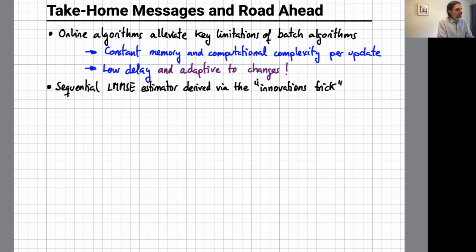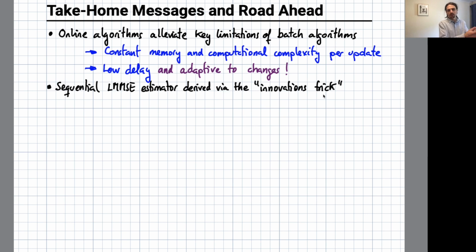Then we started our journey by deriving the sequential LMMSE estimator. In that derivation, a key step was the application of the so-called innovations trick, right?